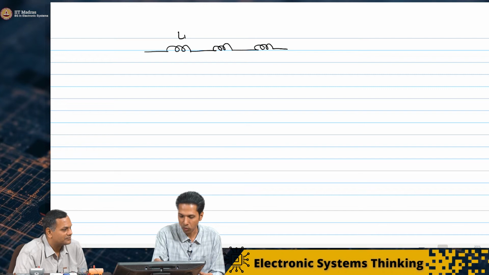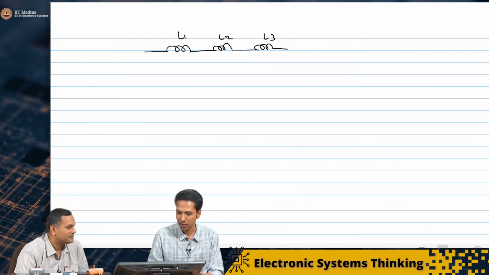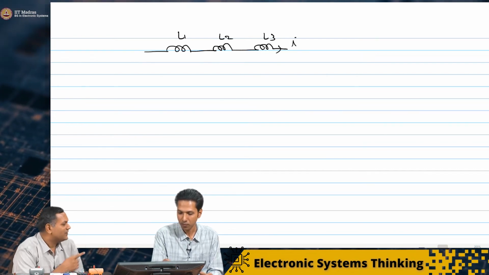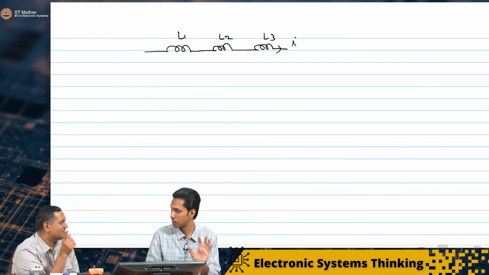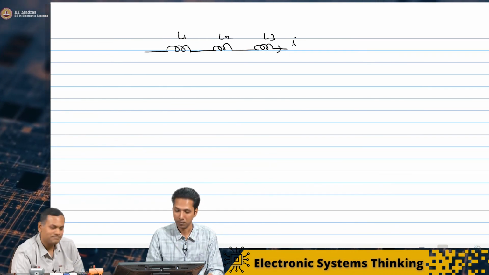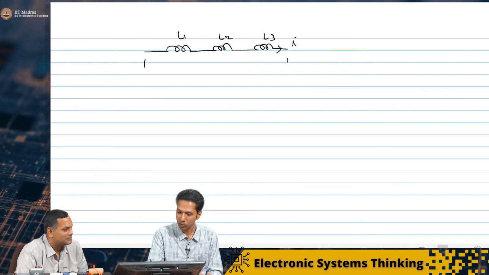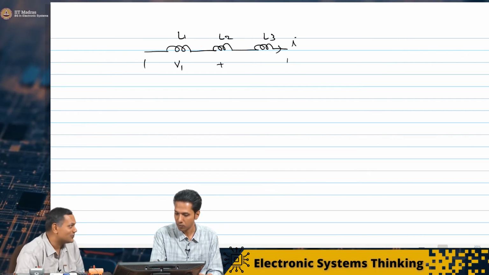Let's say I have L1, L2 and L3, and some current I is flowing. From Kirchhoff's current law, the current flowing through elements in series must be the same. The voltage across this will be the sum of all of these, from Kirchhoff's voltage law.